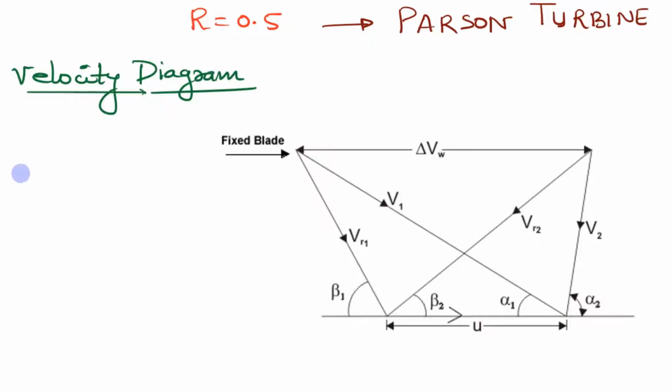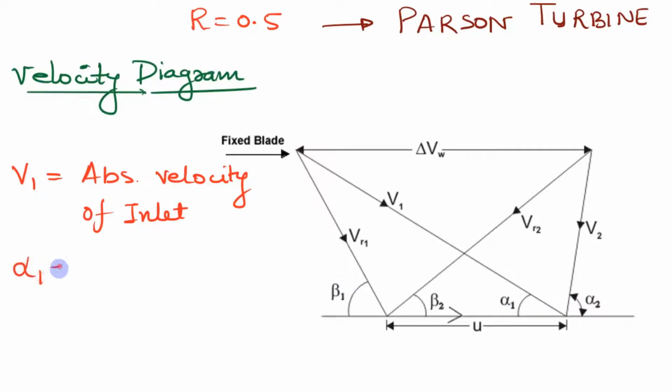So V1 is absolute velocity of inlet, and it enters at a velocity of V1 at an angle alpha 1. Alpha 1 is called the absolute inlet flow angle.